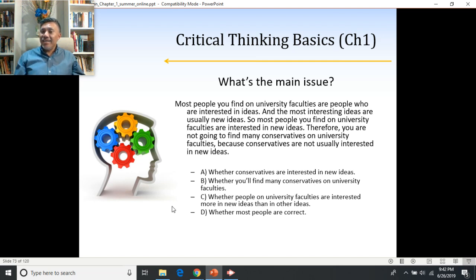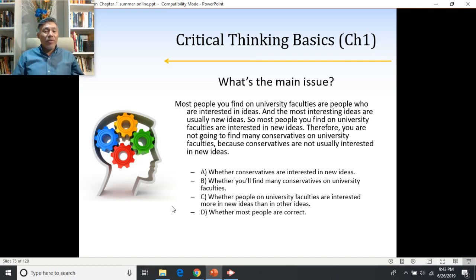Therefore, hint, hint, you are not going to find many conservatives on university faculties because conservatives are not usually interested in new ideas. So think about those words there. Therefore usually leads to a conclusion. Because is usually the premise to believe the conclusion. So really the conclusion here is that you are not going to find many conservatives on university faculties.